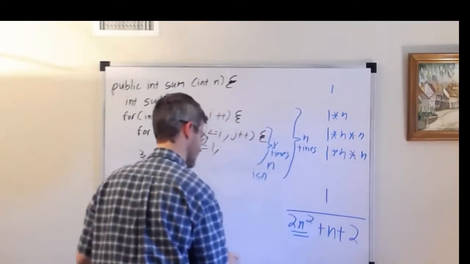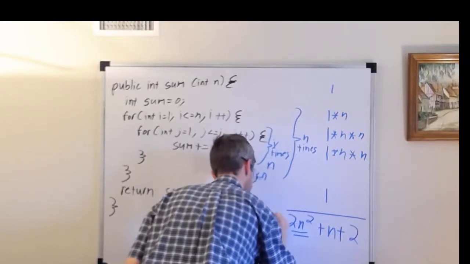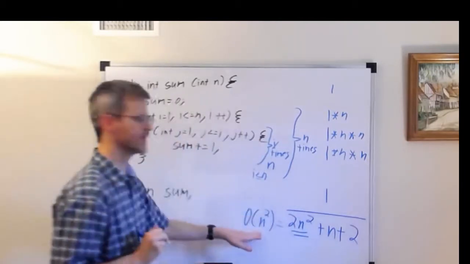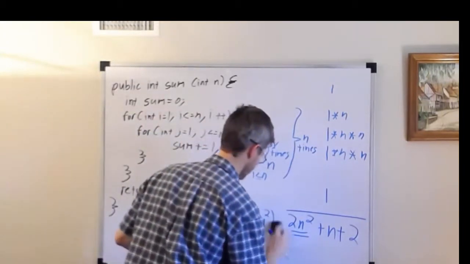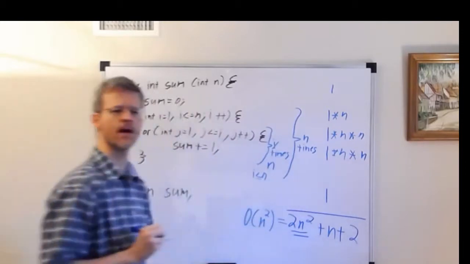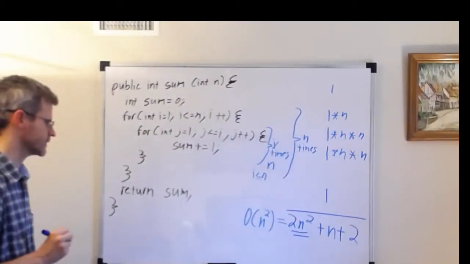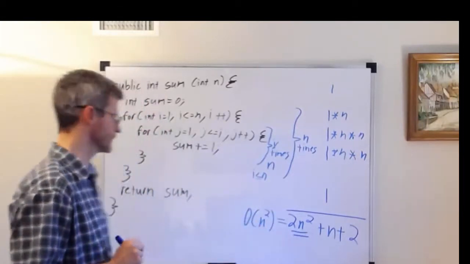So when we write this using big O notation, we say this is equal to big O of n squared, because this function grows at the same rate, within a factor of a constant, as any function that is n squared.